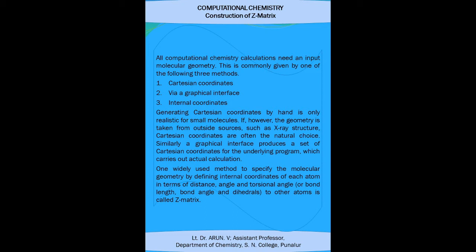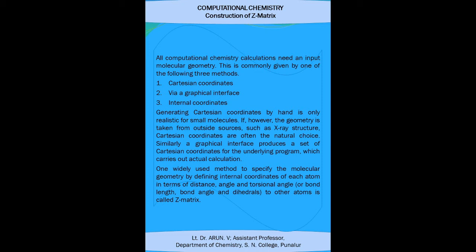Generating Cartesian coordinates by hand is only realistic for small molecules. However, if the geometry is taken from outside sources such as an X-ray structure, Cartesian coordinates are often the natural choice. Similarly, a graphical interface produces a set of Cartesian coordinates for a given computational chemistry program, which carries out the actual calculations.